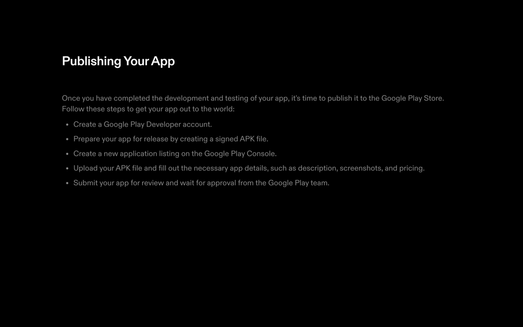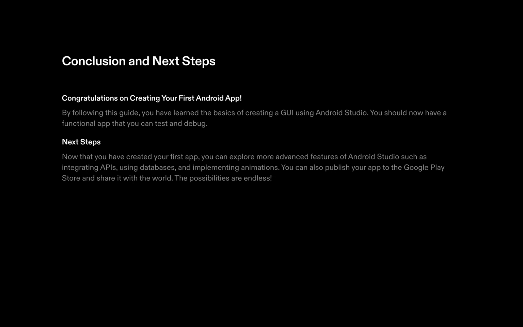Prepare your app for release by creating a signed APK file. Create a new application listing on the Google Play Store console. Upload your APK file and fill out the necessary app details such as description, screenshots, and pricing. Submit your app for review and wait for approval from the Google Play team.